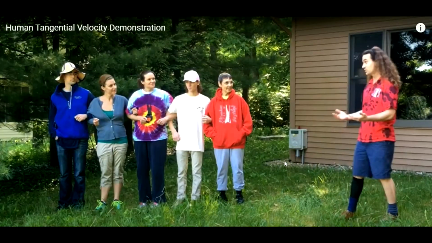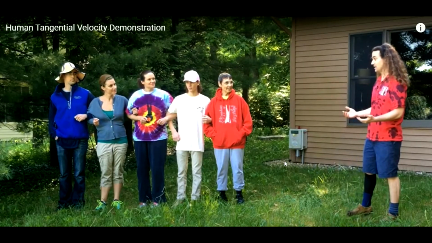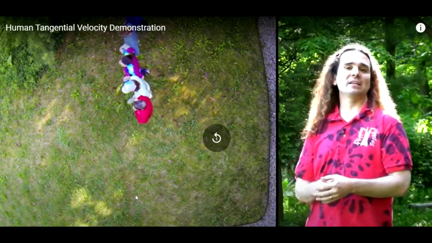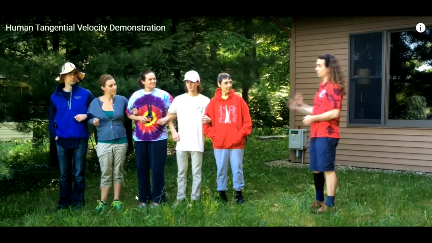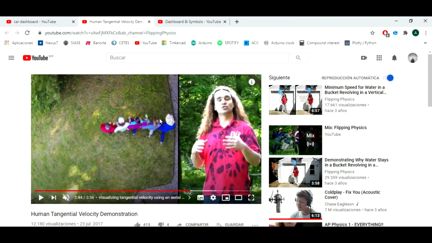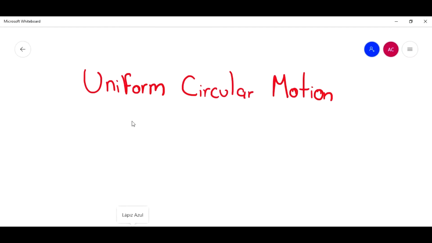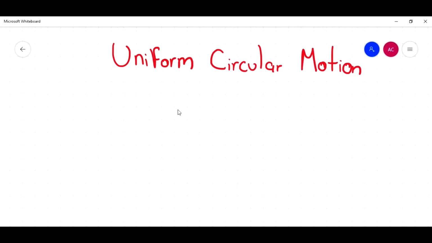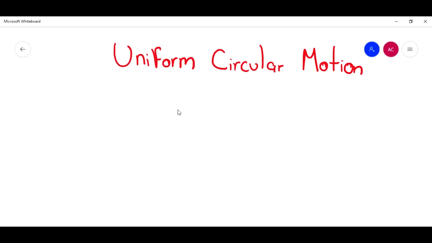So imagine I'm going to have a circle. I'm going to draw it, a medium-sized circle, just like this. This is going to be the center of the circle, and imagine this is the line of people.